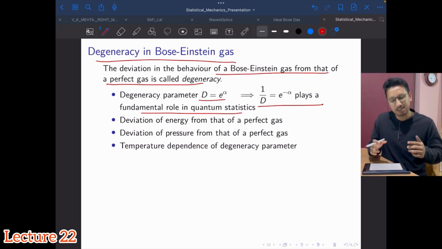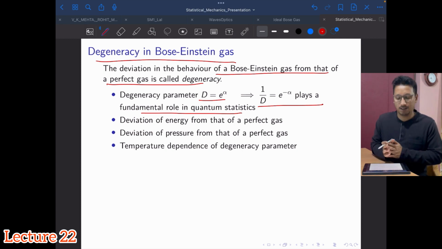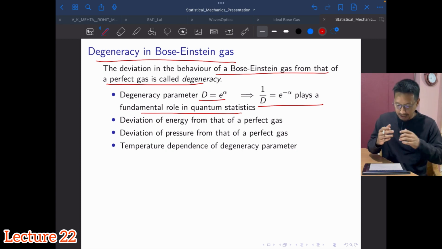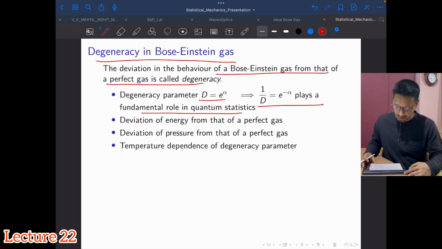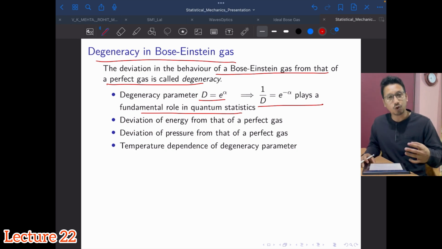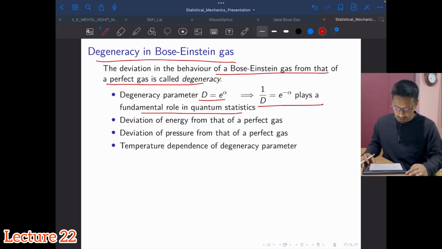This will happen because of the appearance of the degenerate nature of these quantum objects or quantum gas, or you can think about some gas which is going to deviate largely from the perfect or the ideal gas that we talk about.